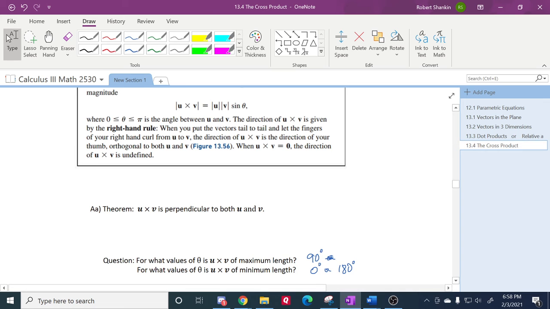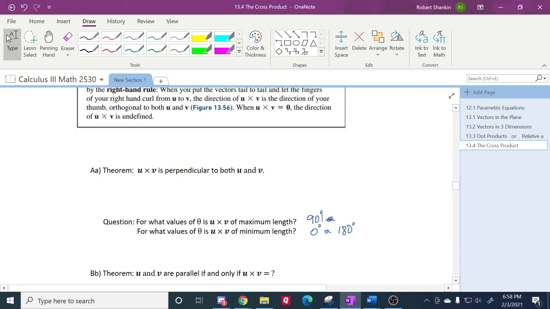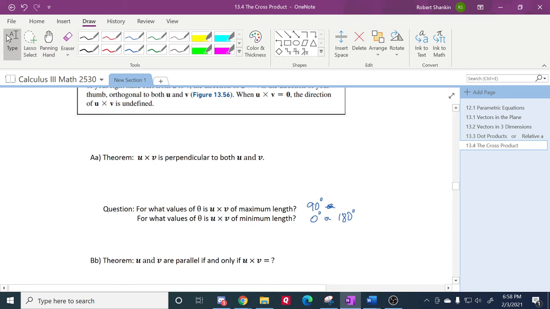Okay. Theorem: u and v are parallel if and only if... And by the way, whenever you see if and only if, it means that this implies that, and that implies this. That's why we put double arrows for if and only if. If two things have this relationship, then mathematically we think of them as equivalent.